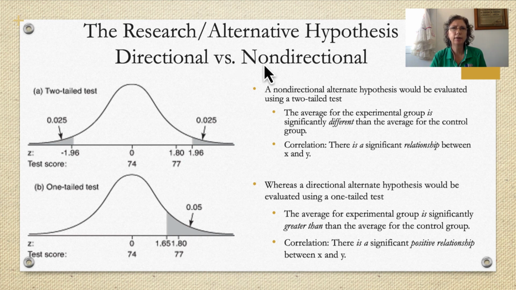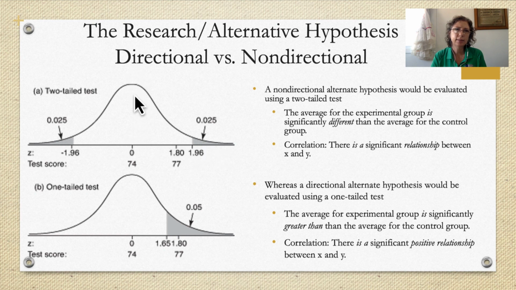And when you have a non-directional hypothesis, it's being tested with a two-tailed test. That means that p less than 0.05, that critical value space, is split up between both sides.